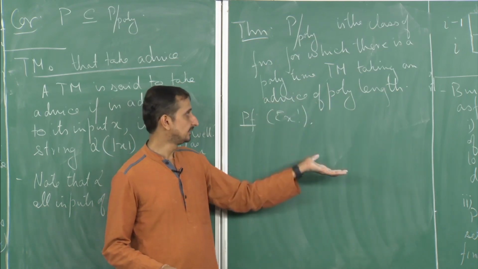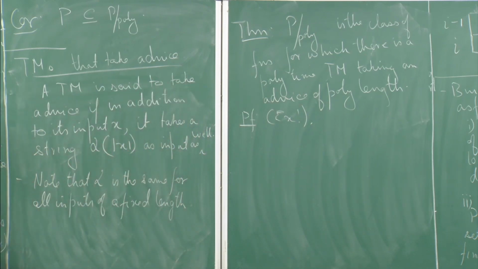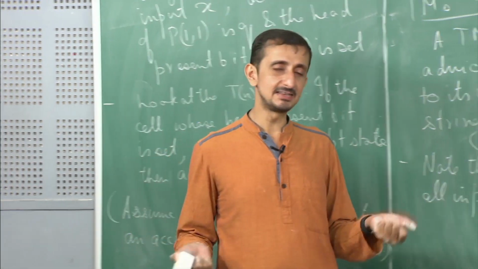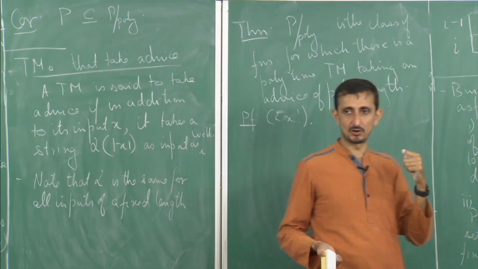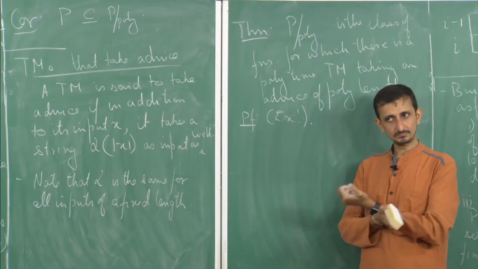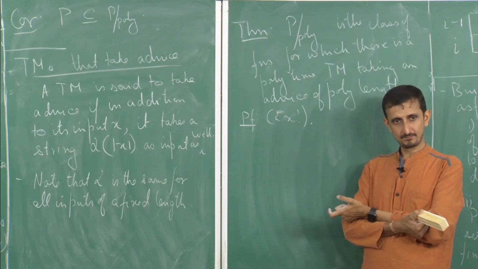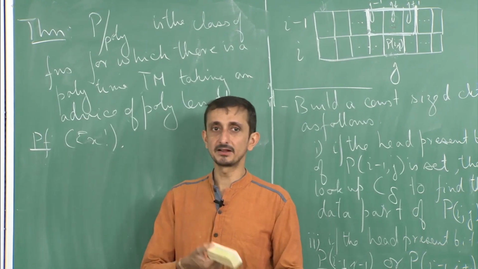That is one direction. The other direction is, suppose you are given a Turing machine which runs in polytime and takes an advice string of polynomial length. How do you show it is in P slash poly? What is the idea? Use this simulation and then hard code the advice. Exactly. So, how do you build the circuit?